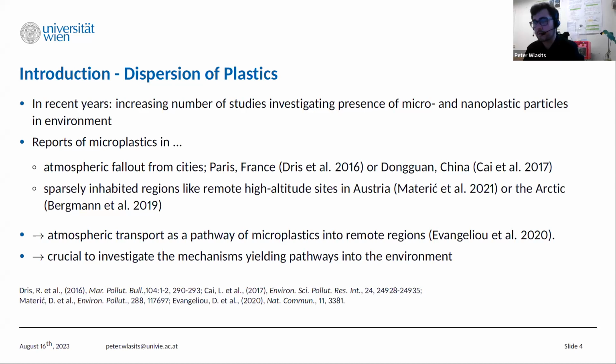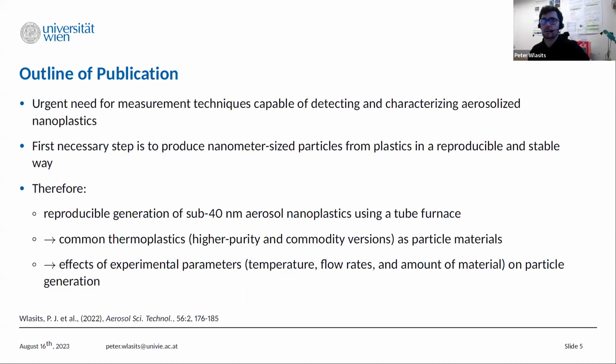Based on this, it is crucial to investigate all mechanisms that yield any pathways into the environment. And that brings me to the outline of the publication. Summing that problem up, there is an urgent need for measurement techniques that are capable of detecting and also characterizing these aerosolized, especially nanoplastics.